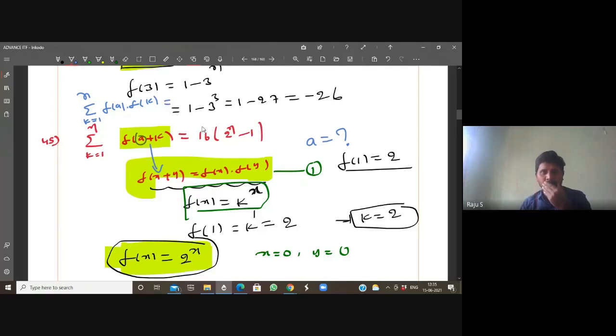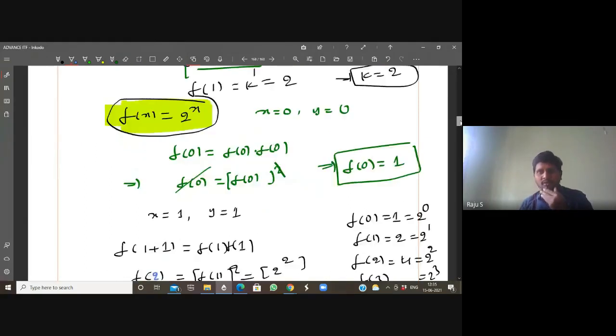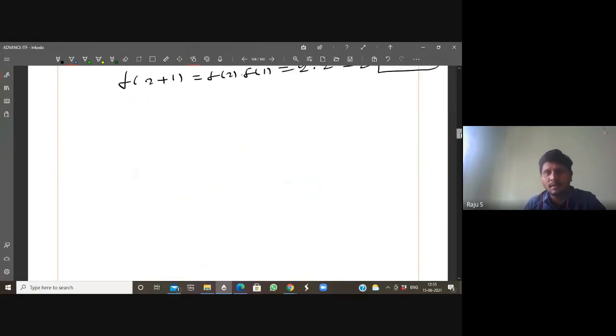That is clearly equal to 16 into 2 power n minus 1, which is given. So finally here we got, students, summation k is equal to 1 to n of f of a into f of k is equal to 16 times 2 power n minus 1.